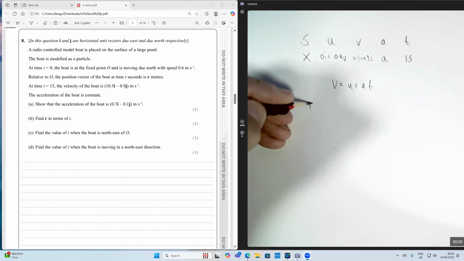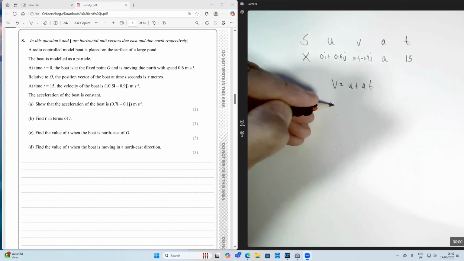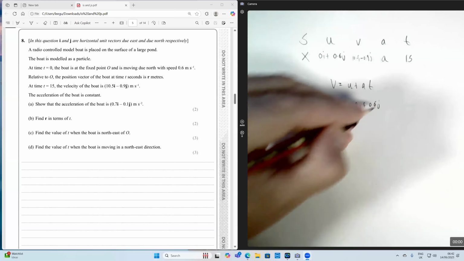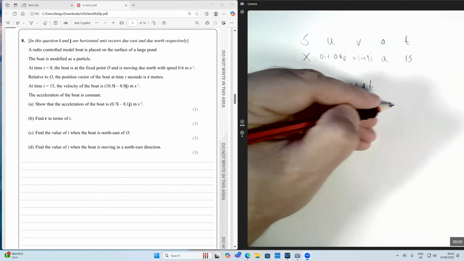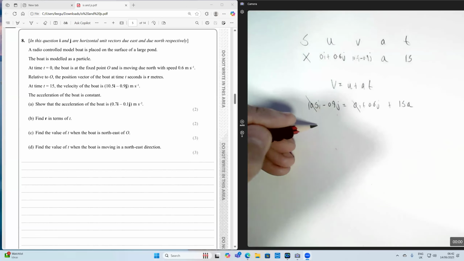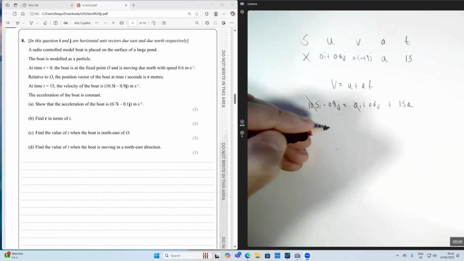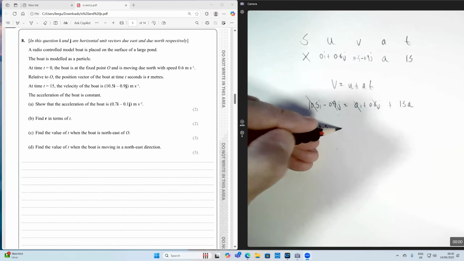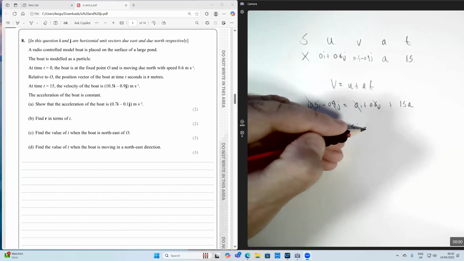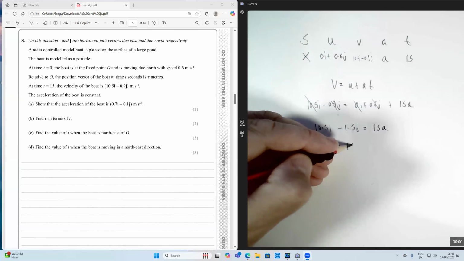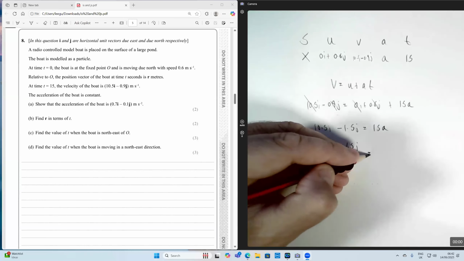So we've got our velocity is 10.5i minus 0.9j. Our u is 0i plus 0.6j. The acceleration is what we're trying to find, and the time is 15. So I'm just going to take the whole thing over one side, so 10.5i, and then when I take this over here, I have minus 1.5j is equal to 15a, and then I'm going to divide everything by 15.